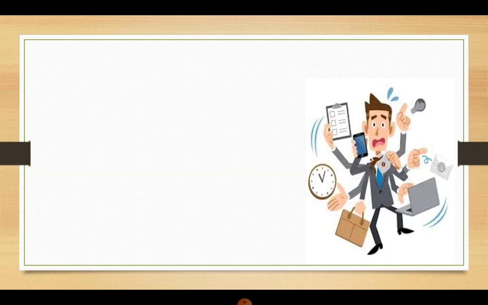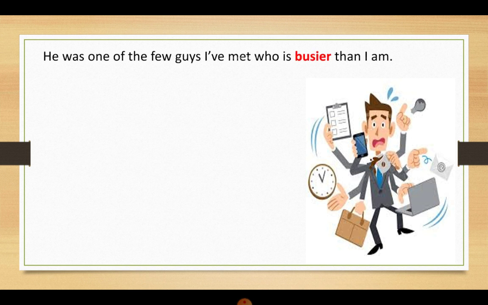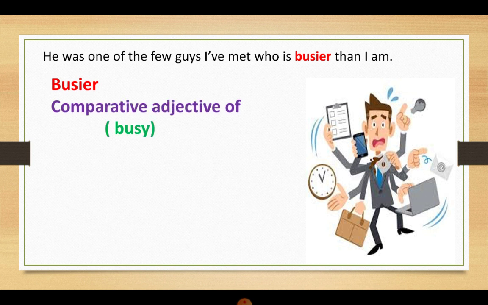So the word busier exactly is a comparative or superlative? Yeah. As we see here, ER, and it's comparing between that person and I. So one to one. In this case, I just add ER, so it is a comparative adjective. And the base adjective is busy.